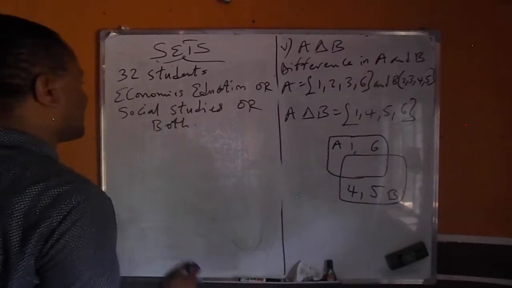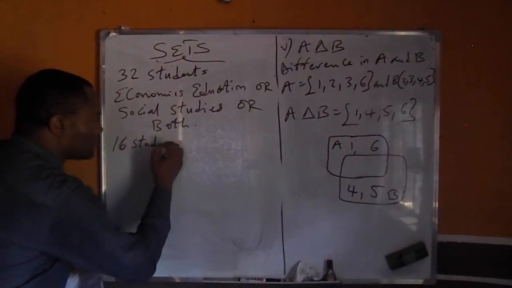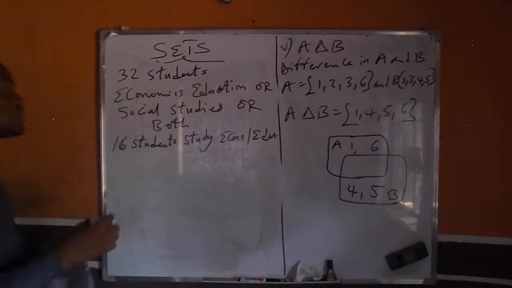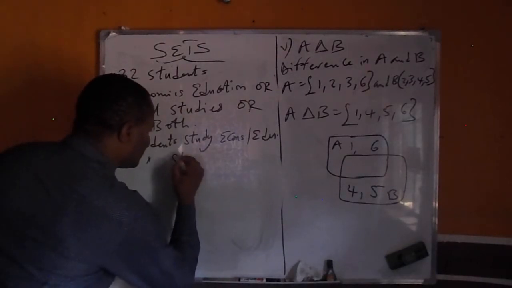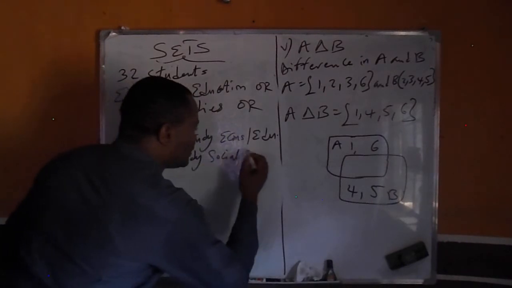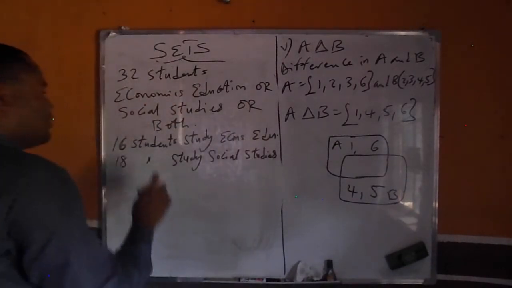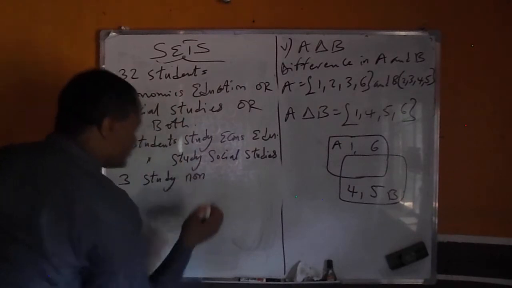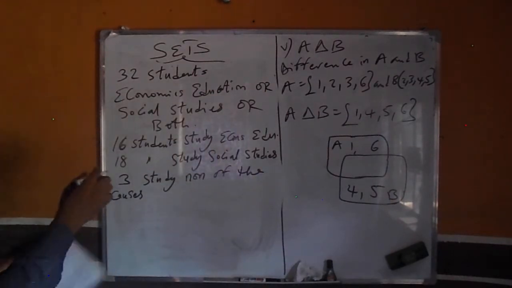If 16 students study economics education, 18 students study social studies, and 3 study none of the courses. 3 study none of the courses.